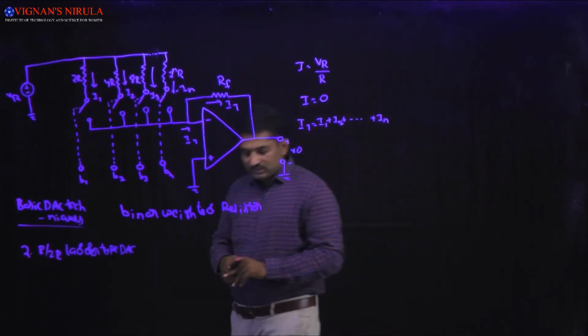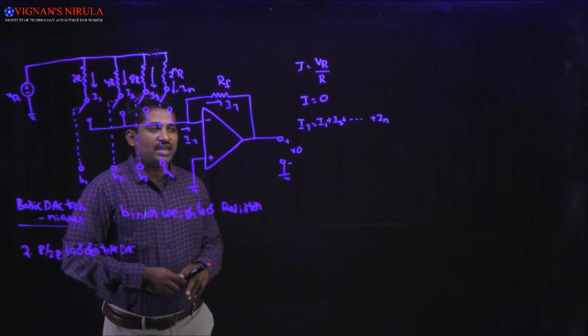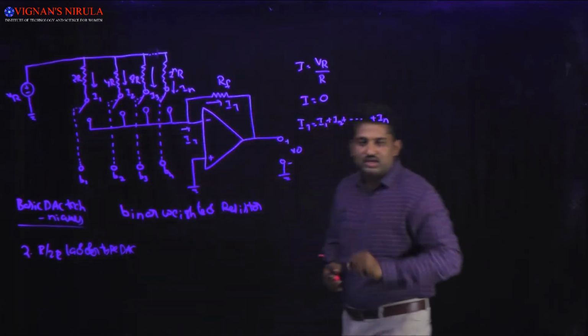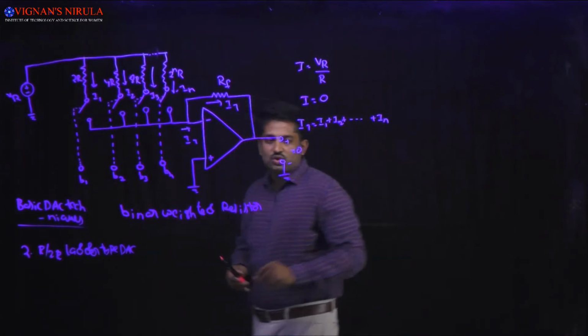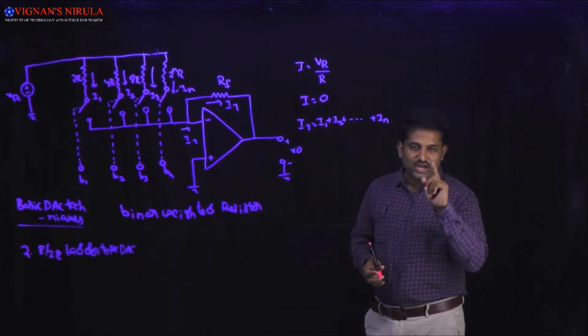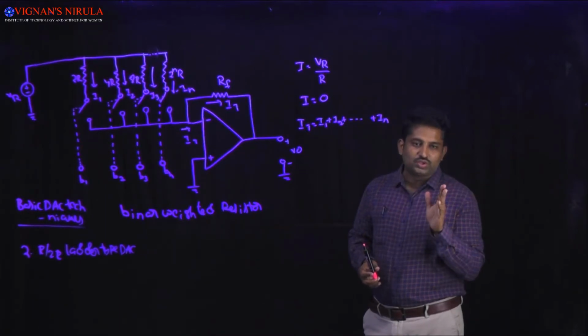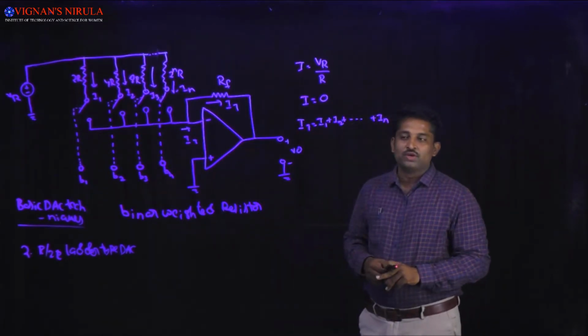So IT is equal to I1 plus I2 plus so on plus In, and these currents are controlled by the binary input data. Whenever the binary input is equal to 1, the switch is closed, and we generate the current corresponding to that switch.